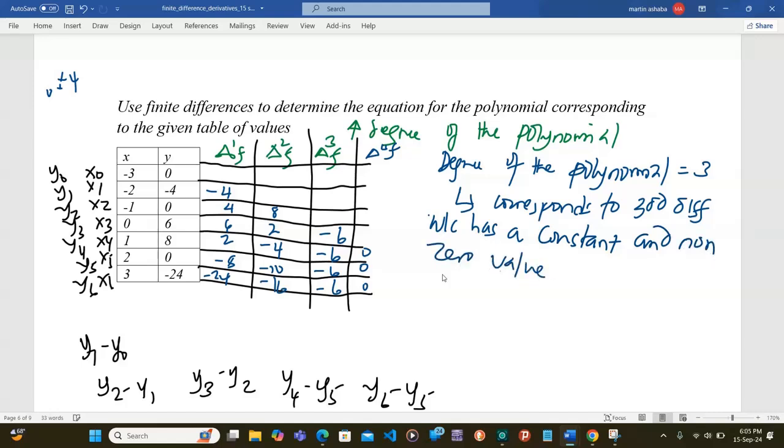See here, it is a constant but it is 0. Therefore, it is not degree 4 but degree 3, because the third difference gives me a constant value which is non-zero.